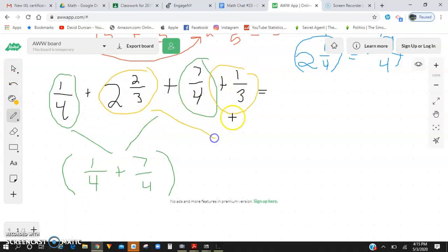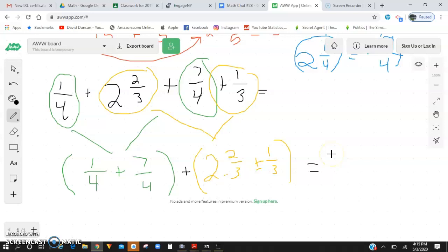I'm going to have 2 2/3 plus 1/3. Put that in parentheses because you're going to solve those two together. And then I'm just going to add my plus sign right here and my equal sign.